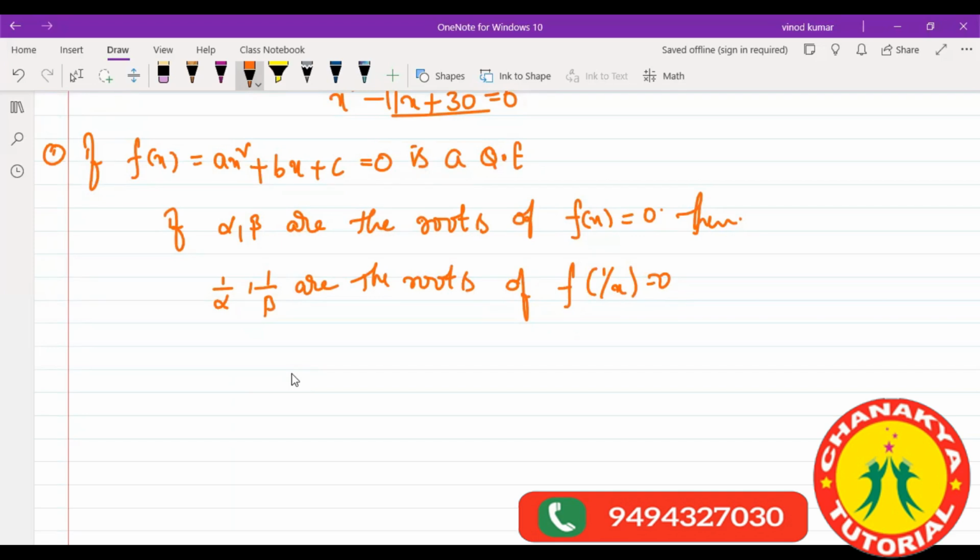And next, discriminant. Every quadratic equation has a discriminant. The discriminant is nothing but b square minus 4ac, if ax square plus bx plus c equal to 0. Why are we taking the discriminant?